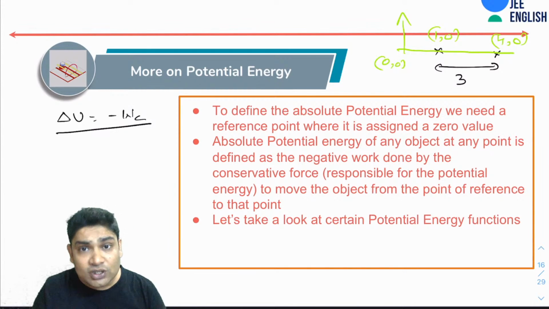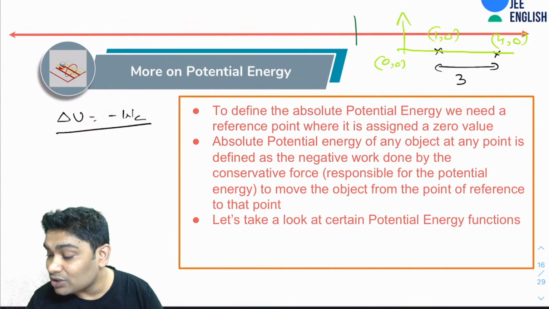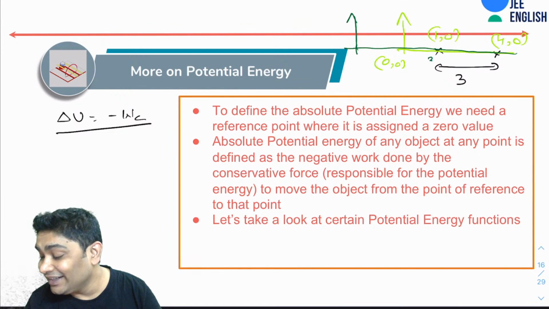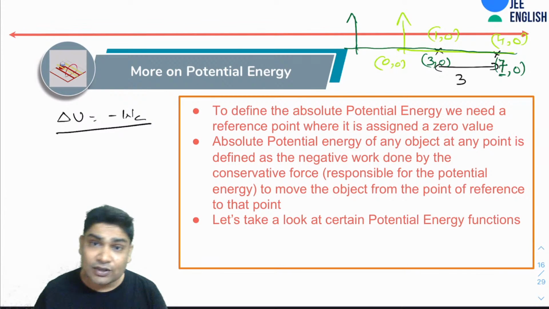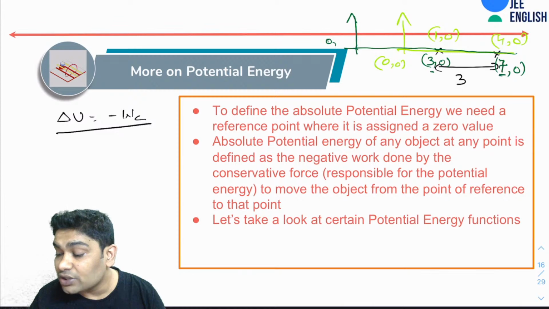Right? I could have chosen the 0 somewhere else also. Maybe I decided to choose 0 here. And I could have said, okay, this would be in this coordinate system 3, 0, and this would be 7, 0. So you realize the absolute x coordinate depends on where I choose the origin.